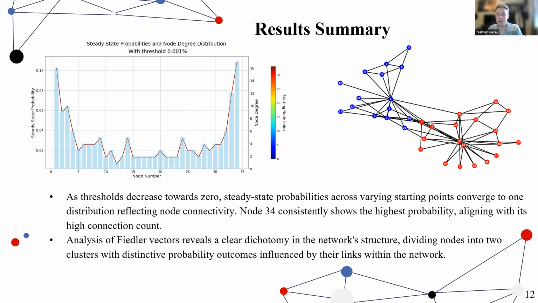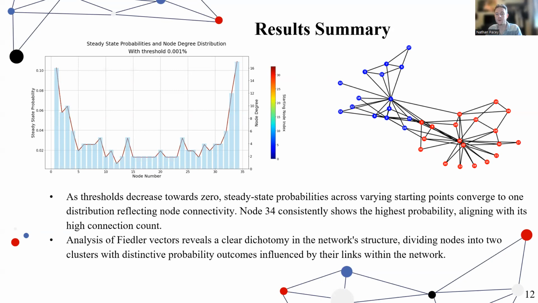As well, we used the Laplacian and its subsequent Fiedler vectors to show that there are two distinct clusters within this graph, each of which has distinct properties, distinct internal connections or algebraic connections. And we could see how those connections affected the probability distribution for high thresholds, which actually changed the highest probability from node 1 for negative nodes to node 34 for positive Fiedler vector nodes.